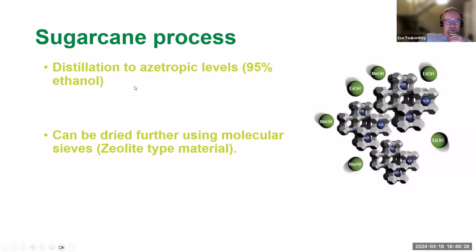I mentioned in the introduction that this distillation could be done by adding benzene, which is highly carcinogenic and toxic and so on. That would help to break the azeotropic mixture, and it would allow you to distill it higher than 95% pure ethanol.